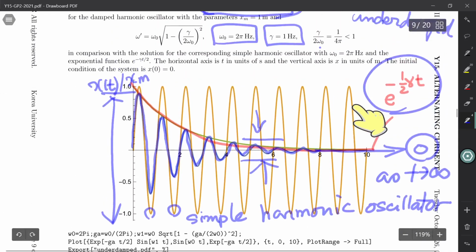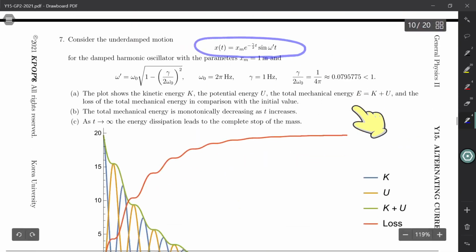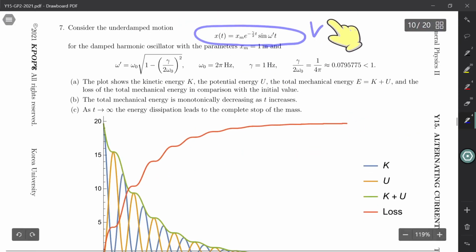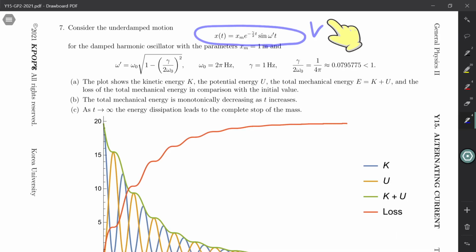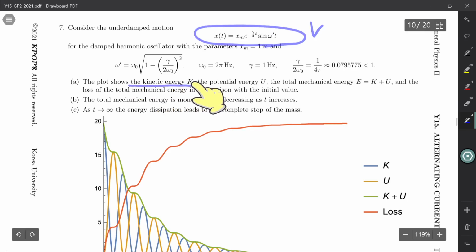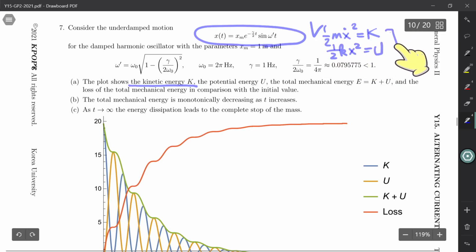We use this solution and its time derivative to find out the kinetic energy, 1/2 m x dot squared, and the potential energy. The sum of these two is the total mechanical energy, K plus U.